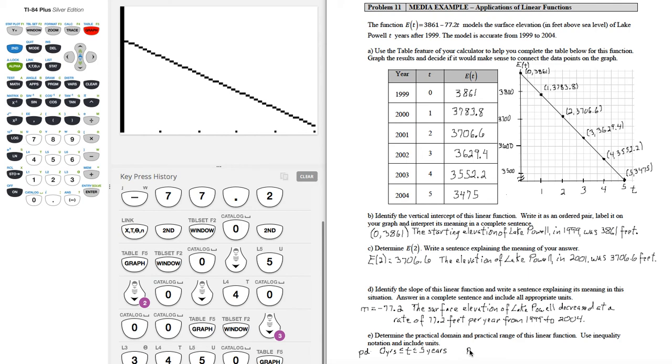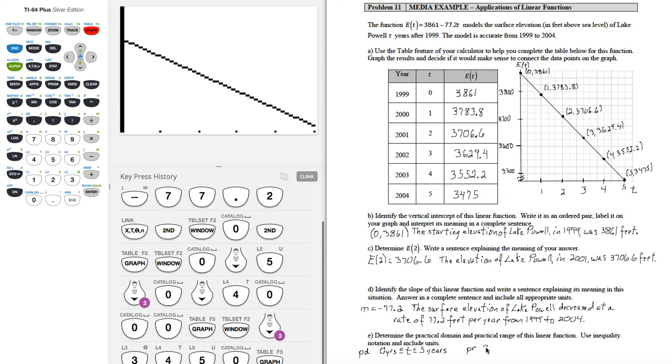Our practical range is the set of outputs that we are able to use in the function. Now this is a little bit different than the way you might think about it. So the outputs go from 3,861 to 3,475, but the way we write our inequality is from left to right, so we need to put the smallest value first.